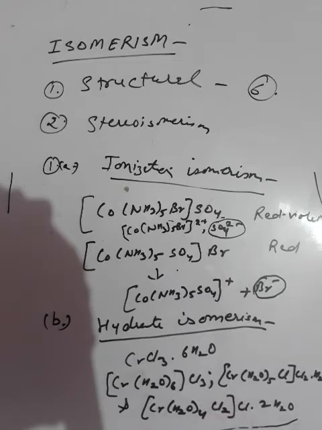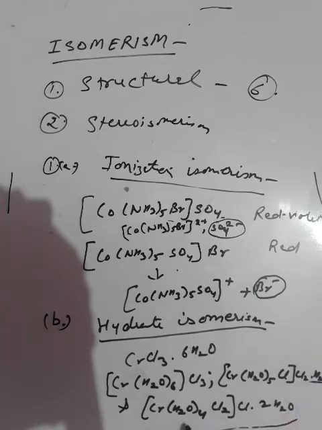So you are looking here that for the first, all the water molecules are inside the coordination sphere, meaning it will not lose water. In the case of the second, just one water molecule is present outside the coordination sphere, so it can lose one molecule of water.